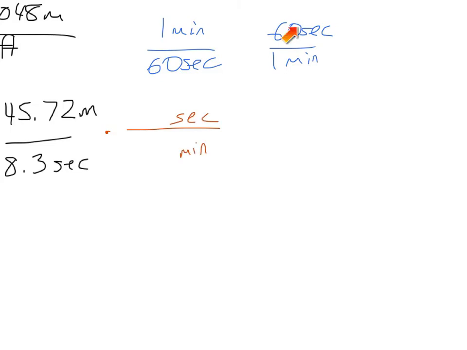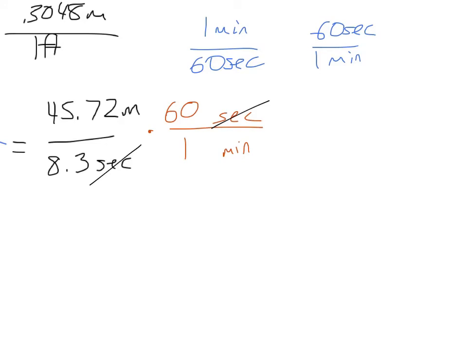So which one of these matches with this? Well, this one, okay? So we're going to put the 60 seconds on top over 1 minute. And let's see, well, I have seconds on bottom, seconds on top. I can cancel those. So now let's multiply. 45.72 meters times 60.